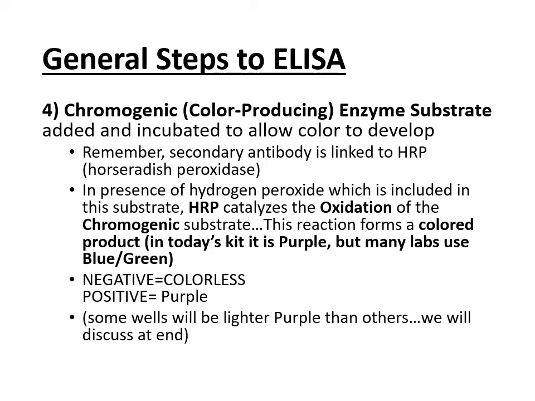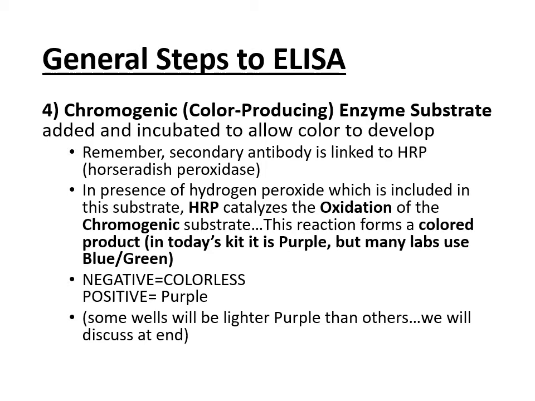So some ELISAs will turn purple, some will turn pink, blue, green, yellow, whatever. All that matters is the fact that you will see a color change in an ELISA, and that tells you that that sample is positive, okay? It has the matching antigen or the specific pathogen that you were targeting.